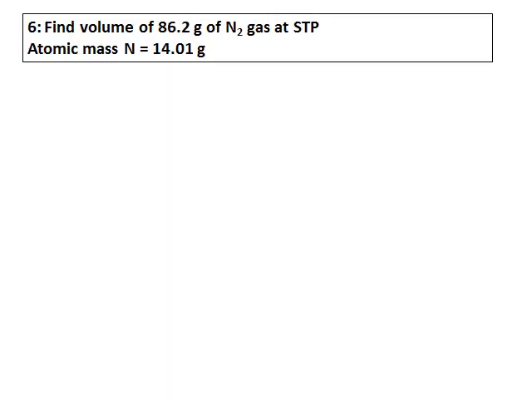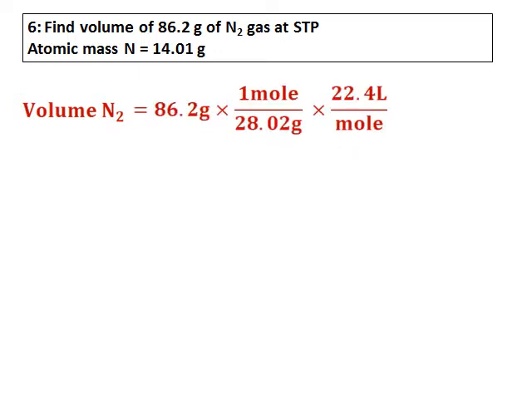Find the volume of 86.2 grams of nitrogen gas at STP. The atomic mass of nitrogen is given, and you know that 1 mole of any gas occupies a volume of 22.4 liters at STP. So first we will convert the grams to moles, then using the moles we can get the volume.